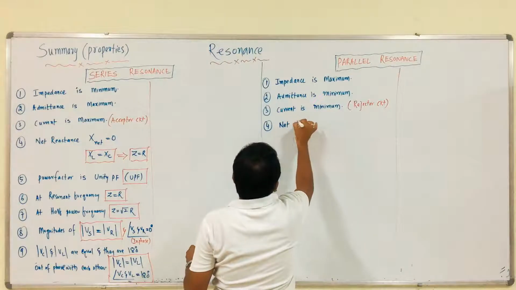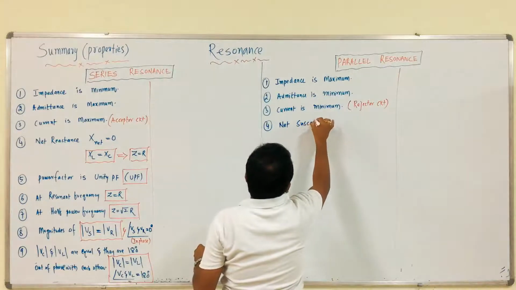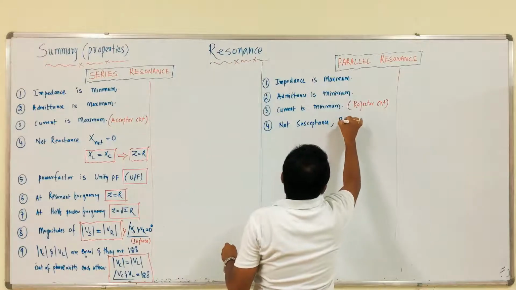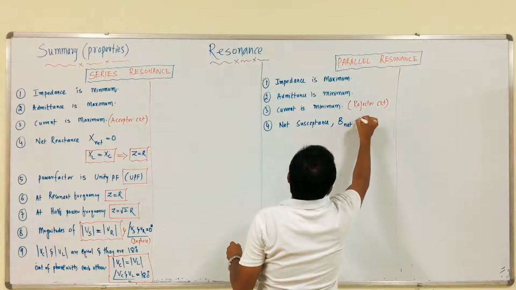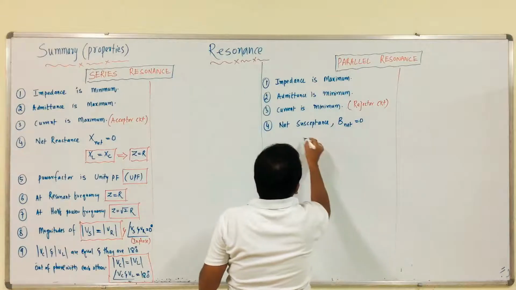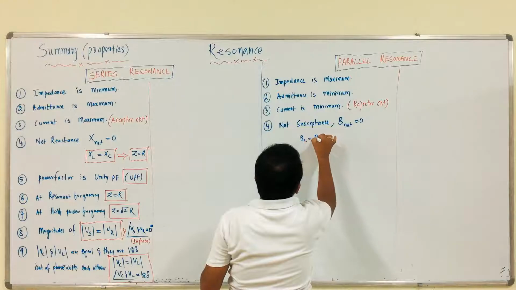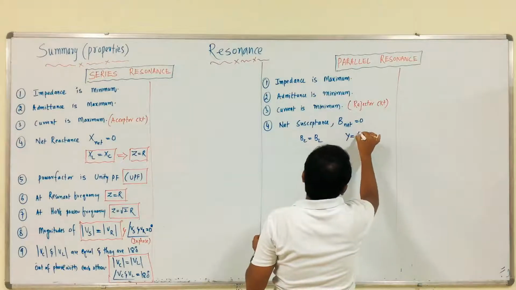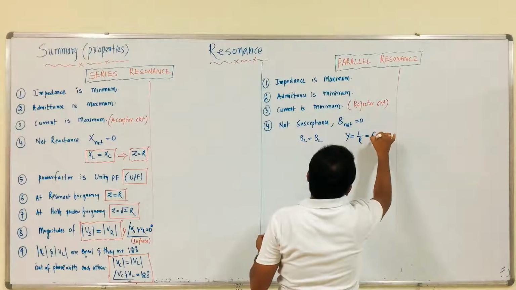Here we have net susceptance, that is B net should be equal to 0. Therefore, BC is equal to BL, which means Y is equal to 1 by R, which is equal to 1 by Z only, right?